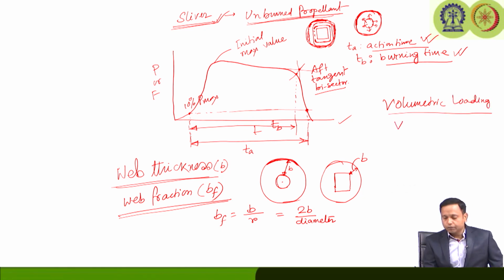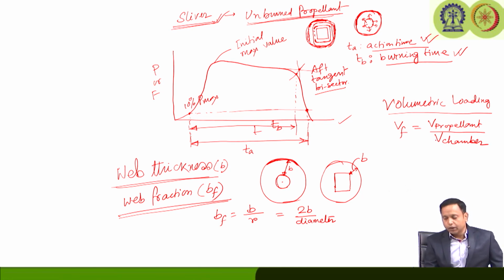It has the symbol Vf, which is the propellant volume divided by the chamber volume. Chamber volume means the volume available for propellant, insulation and restrictors till the convergence section of the geometry.